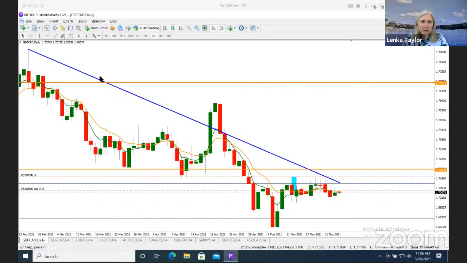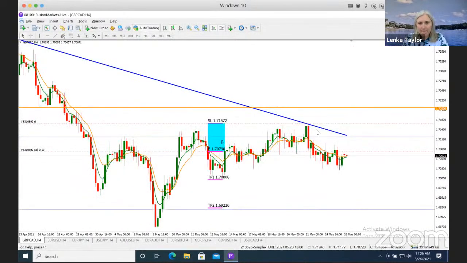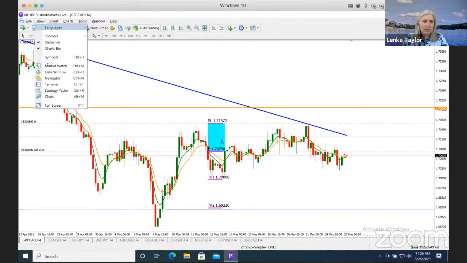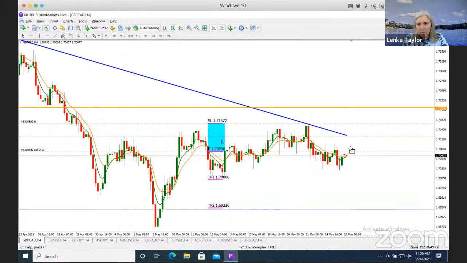Let me see on the 4-hourly. On the 4-hourly, I would wait to see if it comes back to this trend line, maybe a bit more around here, with the stop loss probably the same stop loss there.